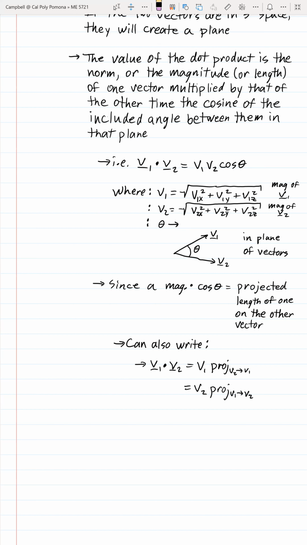So we can see how rich this idea of the dot product is. It's an incredibly interesting mathematical operation that has lots of connections.